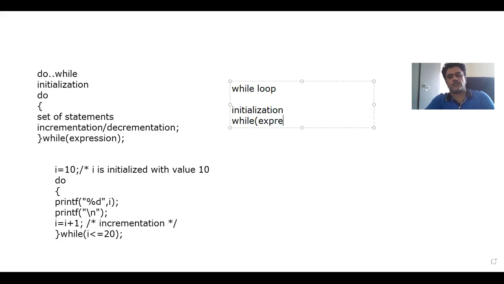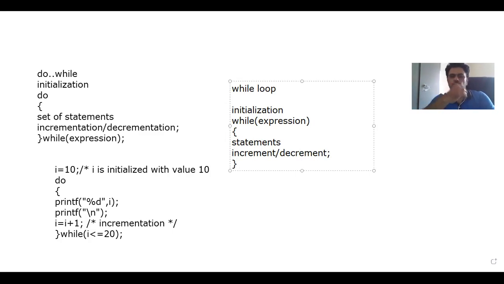A while expression, set of statements, other statements. So is there any difference between them? Yes. Here first is initialization. Here also first is initialization. Here first is do, but here first is the condition. Then increment and decrement, everything.